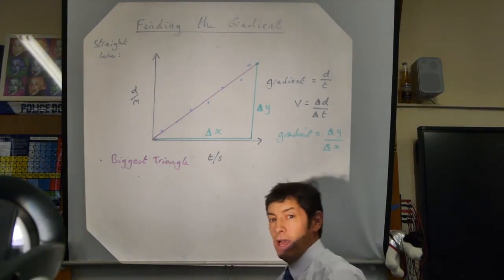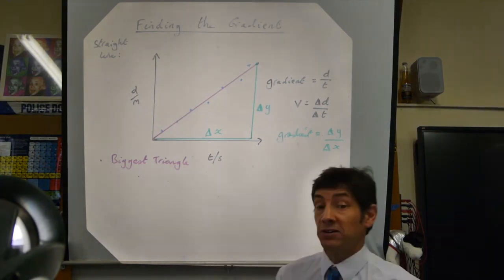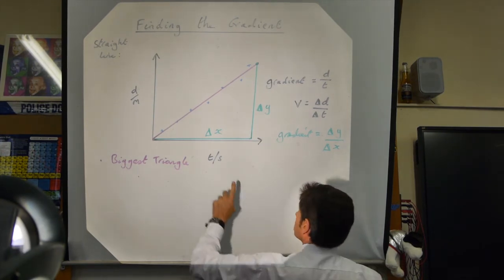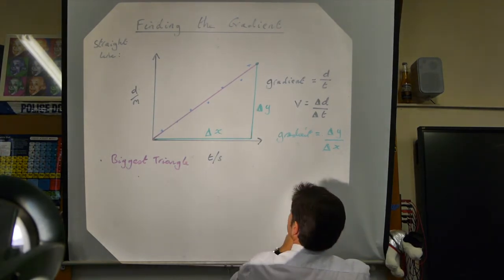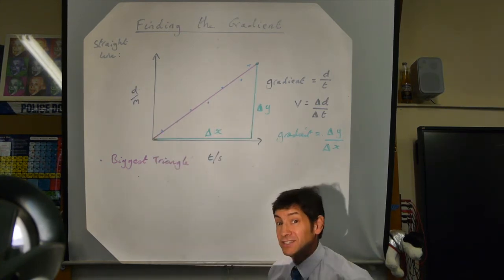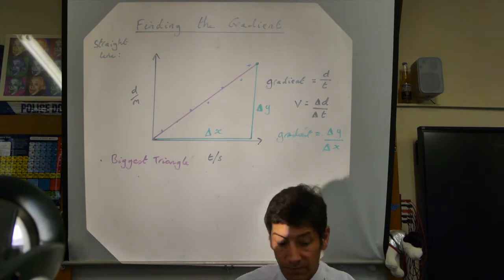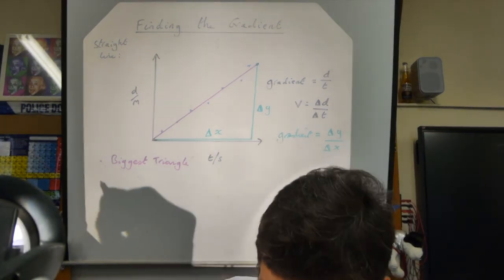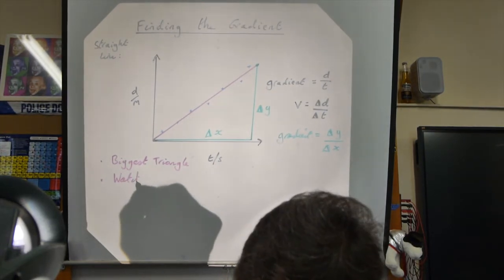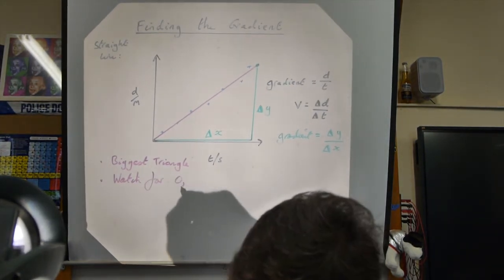Now listen really, really carefully to this bit, because this is where students get it wrong. It is not this number divided by that number unless you started at 0, 0. So I'm going to write here, really importantly, watch for 0, 0.